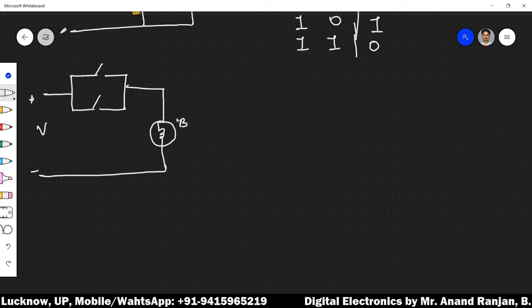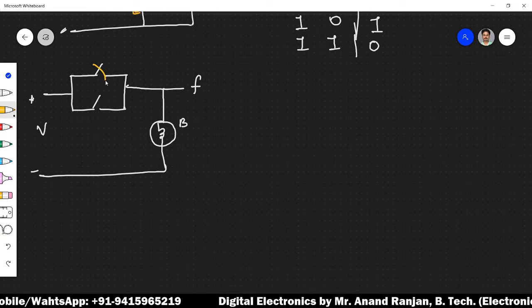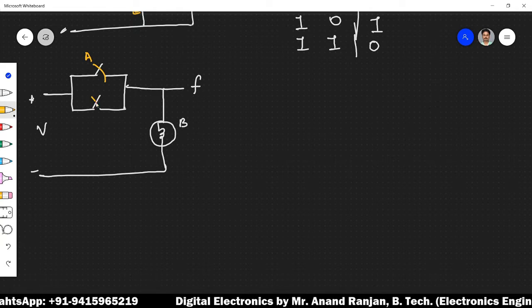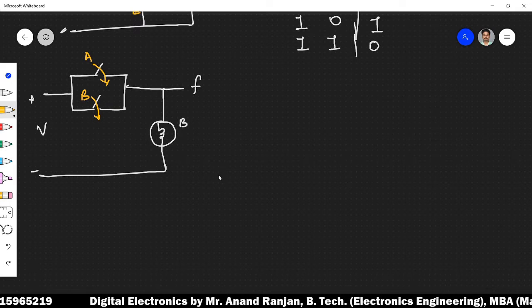This is your bulb, this is function F, and here we have switch A and switch B.